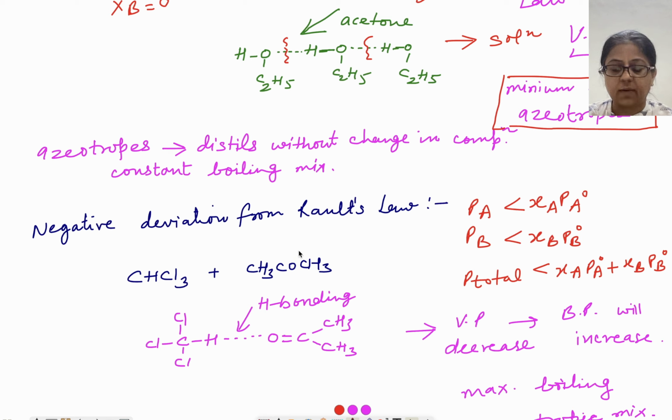We have discussed the graphical behavior and the equations of the two solutions showing negative and positive deviation.